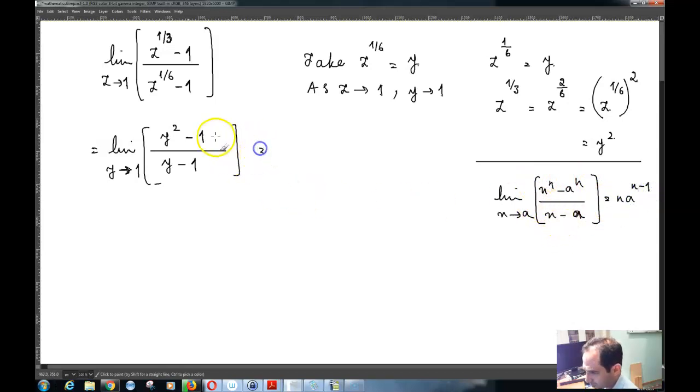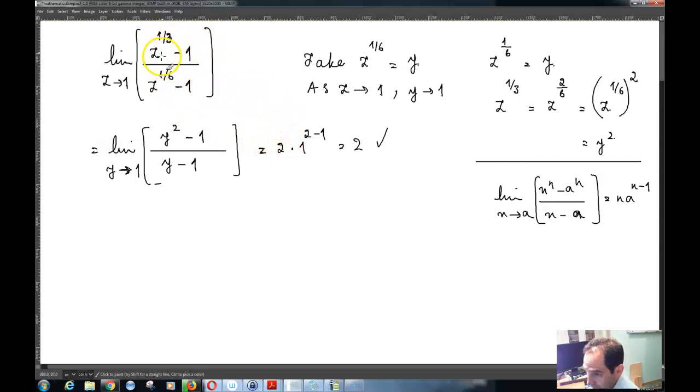So you can write this as 2 into 1 raised to the power 2 minus 1, which is equal to 2, the same answer. But this is a little bit neater and cleaner than what I did before.